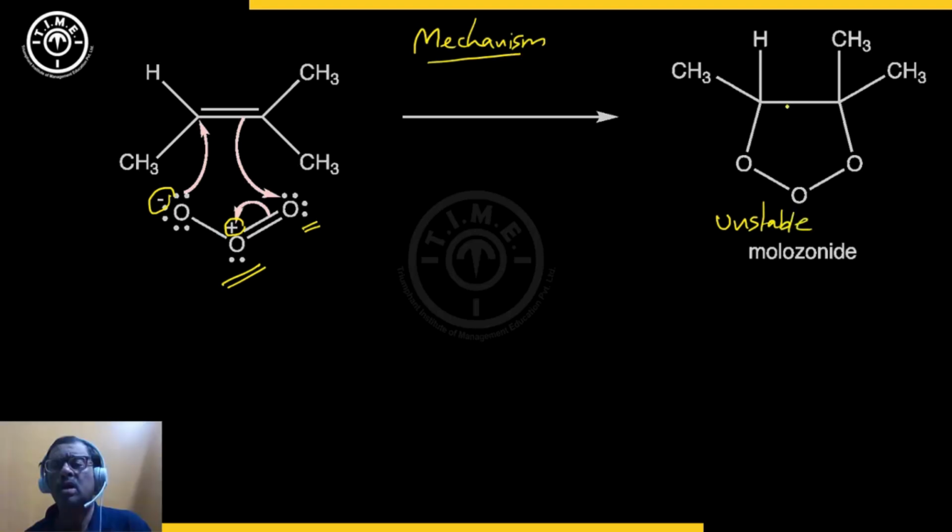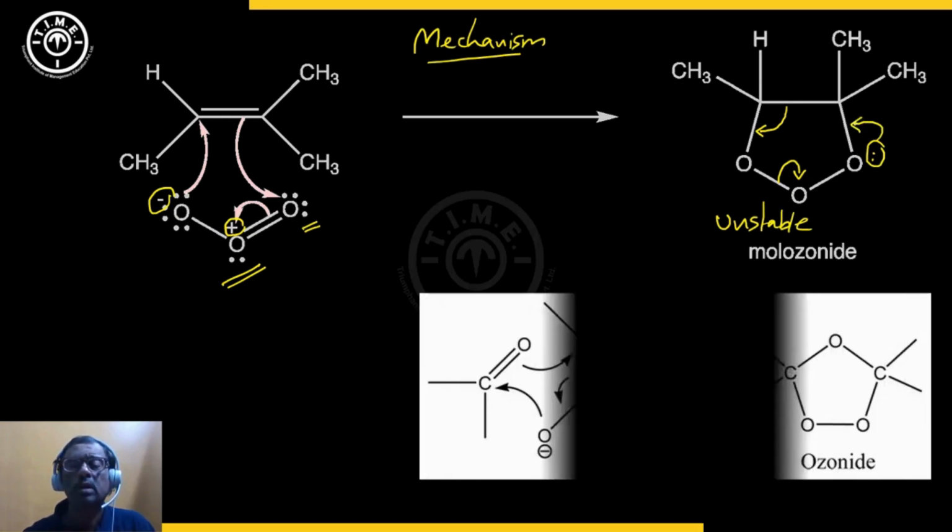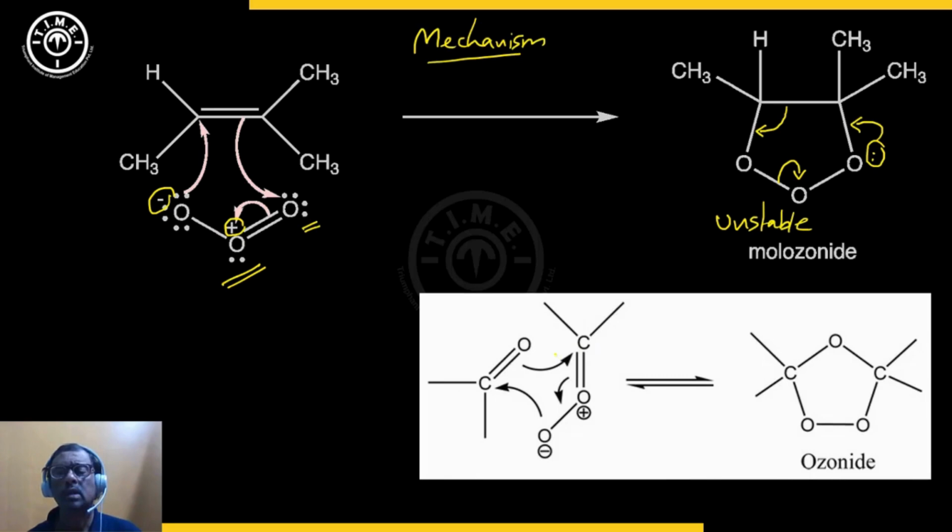This C-C bond is going to break and form a C double bond O, and this will come out as a minus charge. That carbon which was about to become positive is stabilized by the lone pair on this oxygen, which is what you have shown here. Clear?